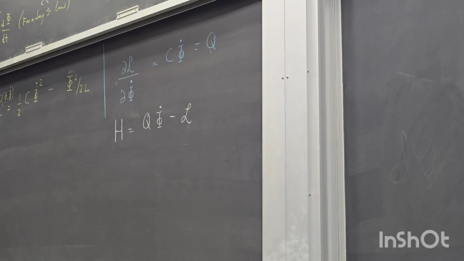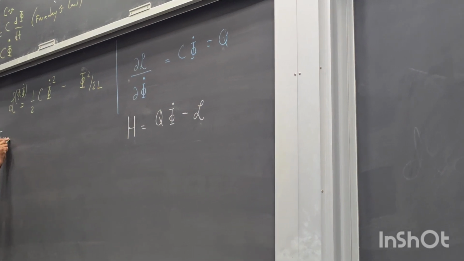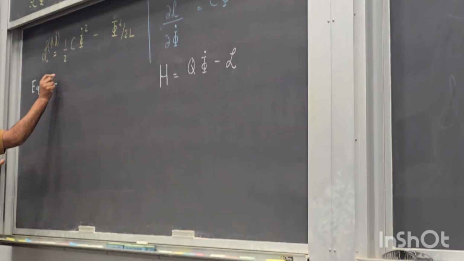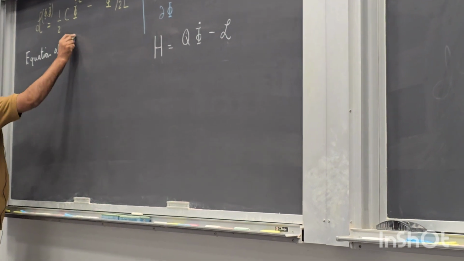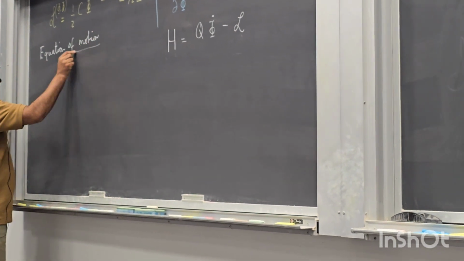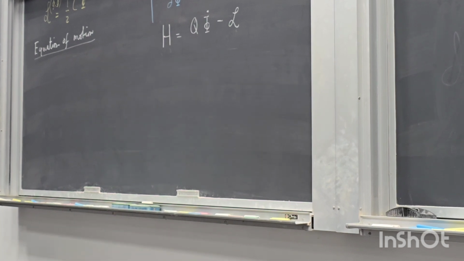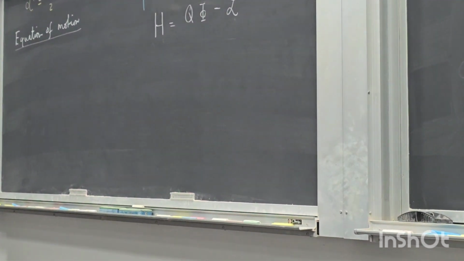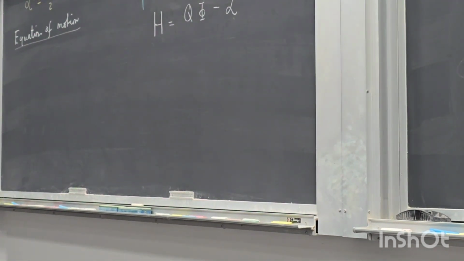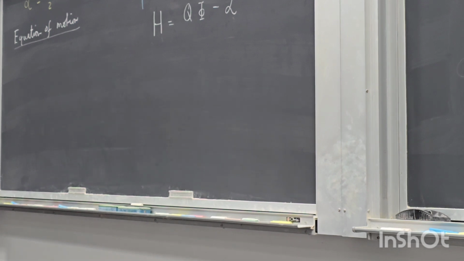So we now have the Lagrangian in front of us. What about the equation of motion for the superconducting oscillator? Suppose I want to find an equation of motion for the flux through this superconducting oscillator. So how can I find the equation of motion? The Euler-Lagrange equation.